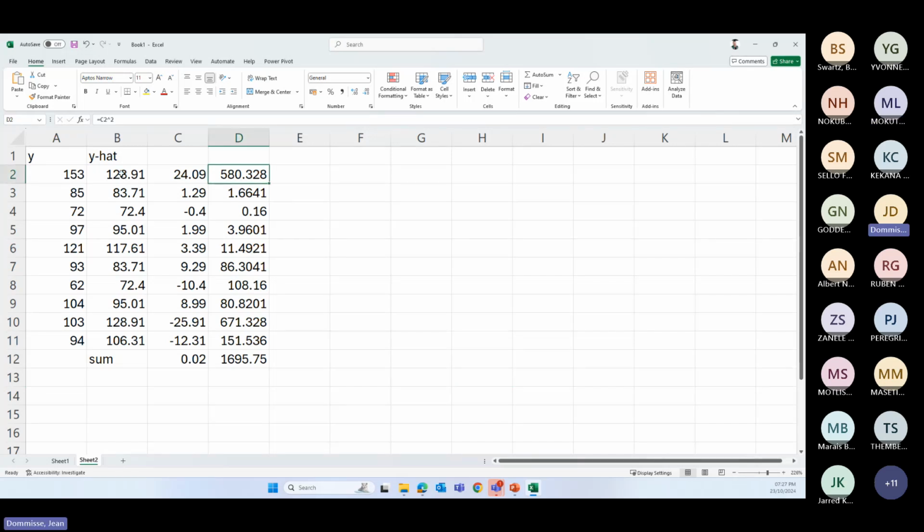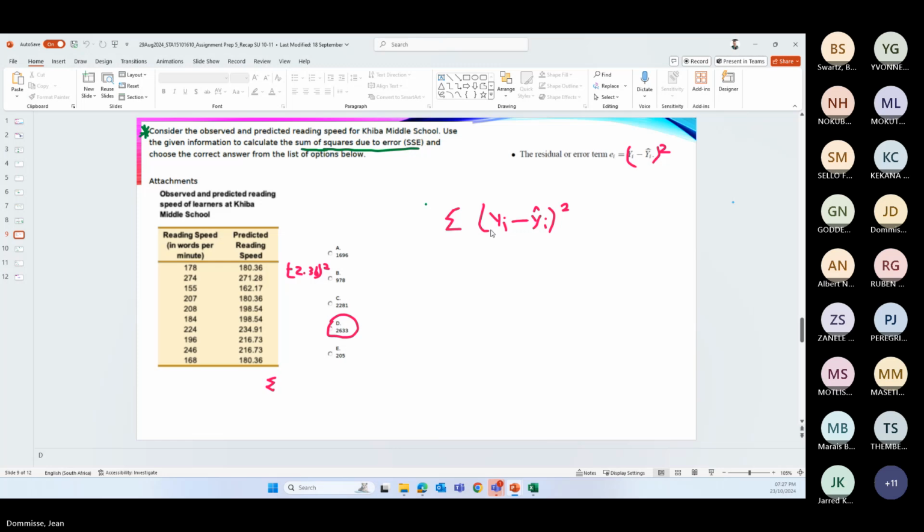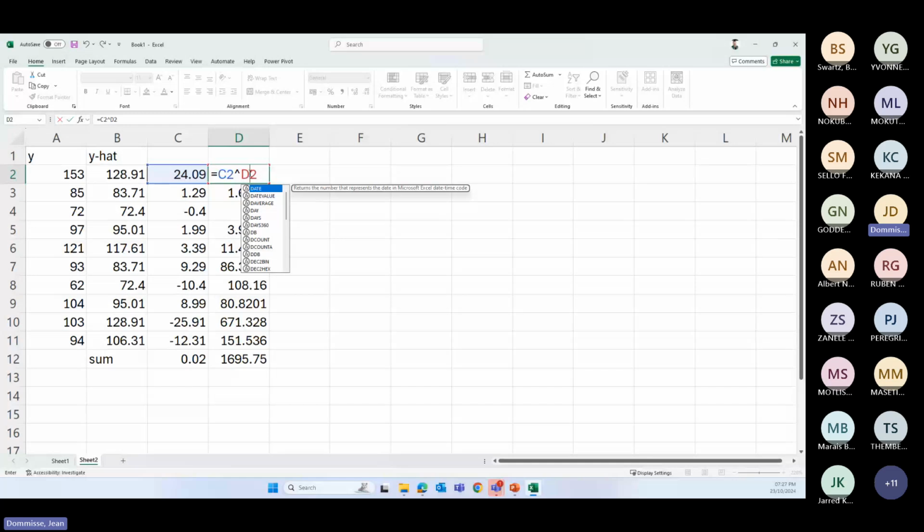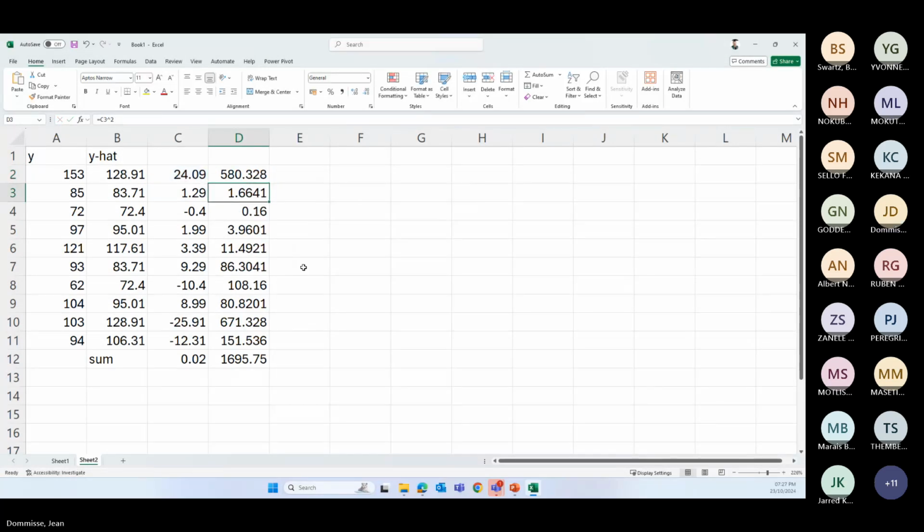That minus that to the power of 2. Okay, so that is what we did. So why is it not working?